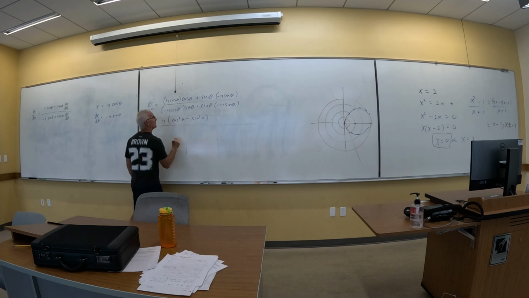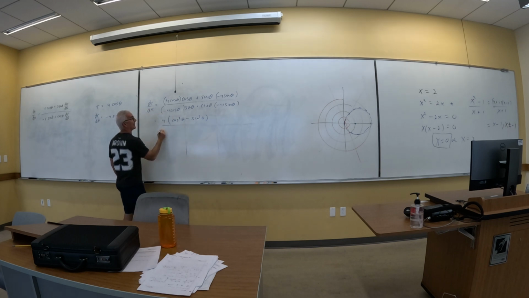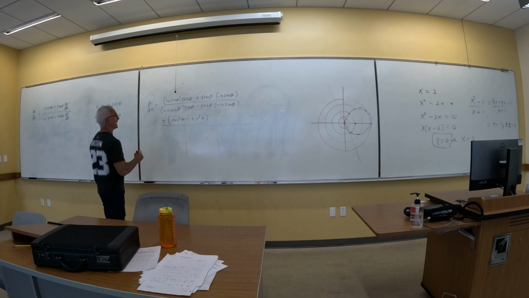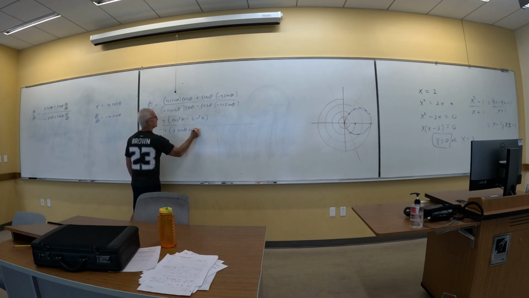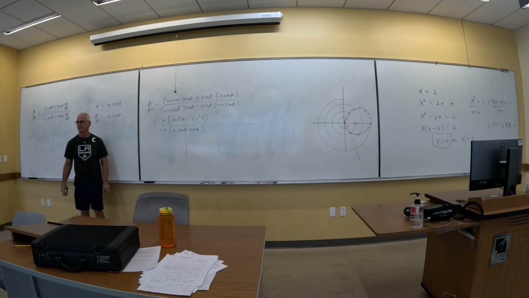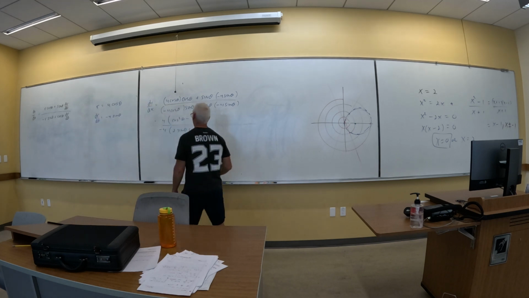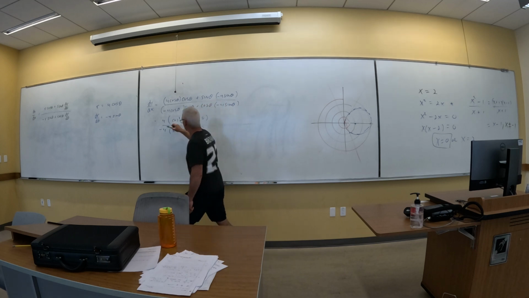On the bottom, I'm going to factor out negative 4, then I'm going to have sine cos plus sine cos. Do you see anything there? Well, I'll cancel the 4 first.